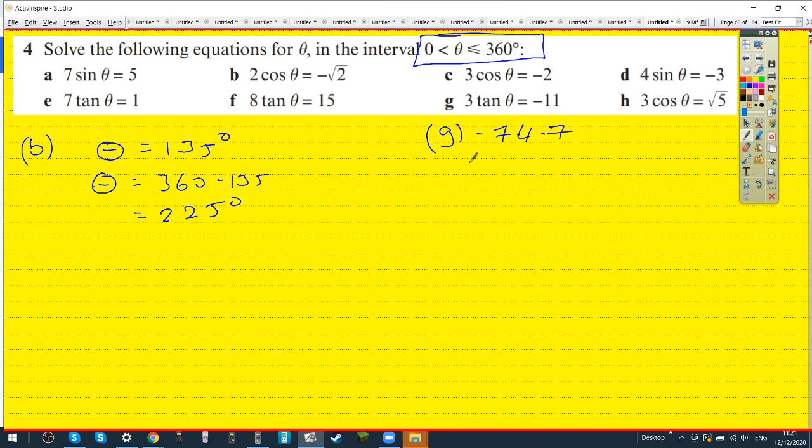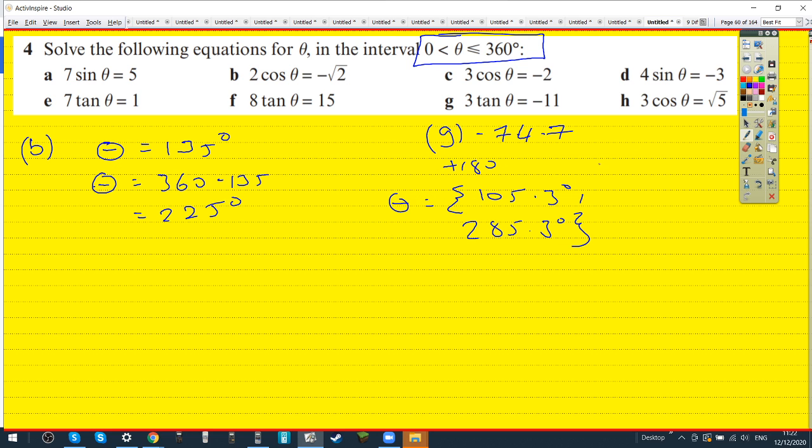Which gives you 105.3. And now you can get third and fourth answers and stuff, or any additional solutions. Could you add 180 to 105.3? Yeah, and that's the same as adding 360 to the original one. It's just that it would skip the second answer. And that gives you 285.3. And if you just follow that process, you'll always get all your solutions. That's theta equals. Great.